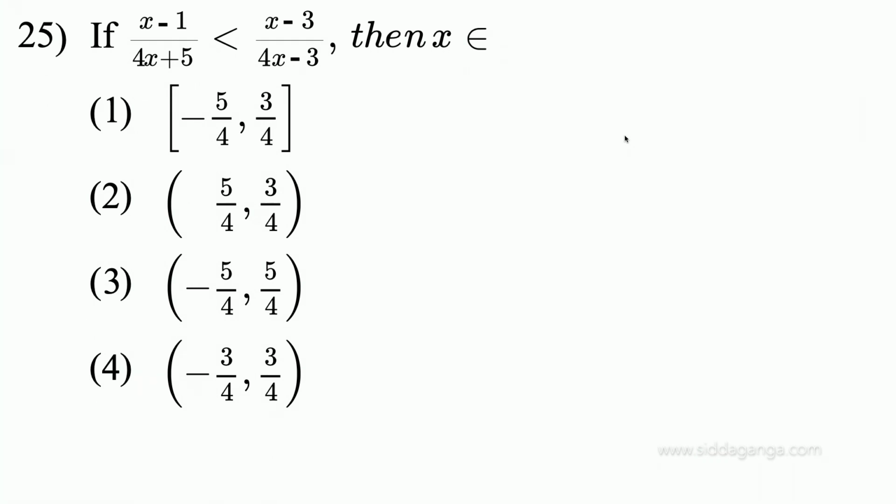Let me move to the last question, that is: if (x minus 1) by (4x plus 5) is less than (x minus 3) by (4x minus 3). (x minus 1) by (4x plus 5) is less than (x minus 3) by (4x minus 3).